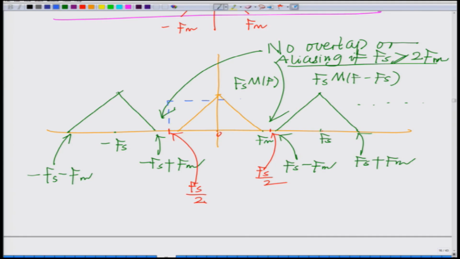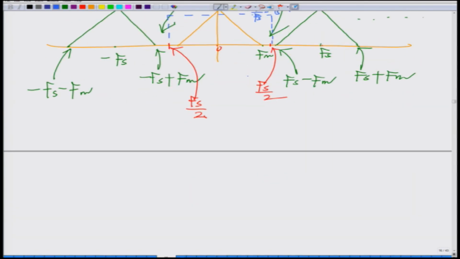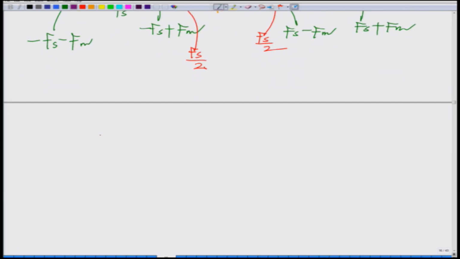You can clearly see that if I have a low pass filter with cutoff at Fs by 2, and there is a scaling factor of Fs, the height of the filter has to be 1 over Fs, equal to Ts. So, now I can reconstruct the original. Now we realize something interesting: I can reconstruct if there is no aliasing. Remember, if there is no aliasing, that is an important condition.